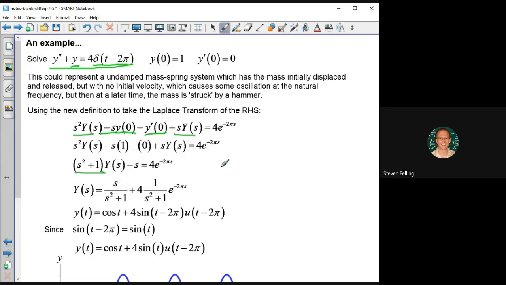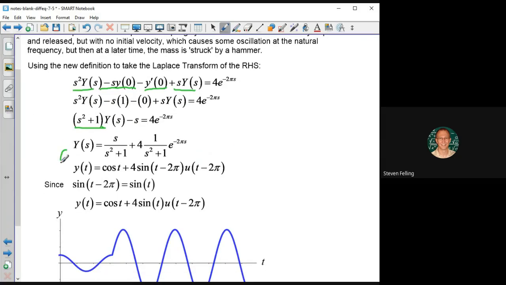And then when we take the inverse Laplace to go back to the time domain, we have y(t). The inverse Laplace of s over s squared plus 1 would be cosine of t. This would be 4. And then this is a time-shifted version of the sine wave. 1 over s squared plus 1 would be sine, but shifted in time to 2 pi.